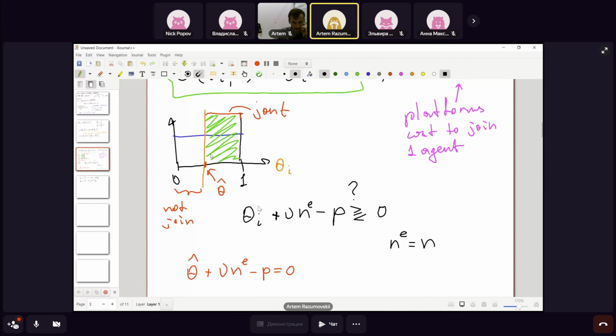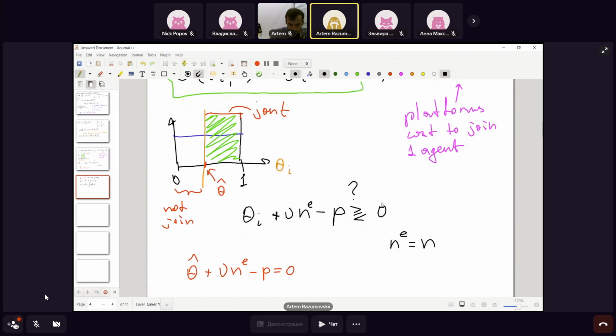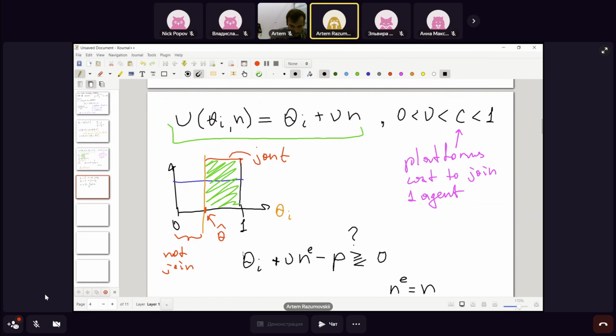It is 1 minus theta hat. Generally it will be the integral from theta hat to 1 of the PDF, but if you have just a uniform distribution, it is 1 minus theta hat.